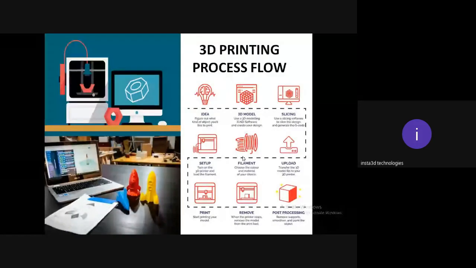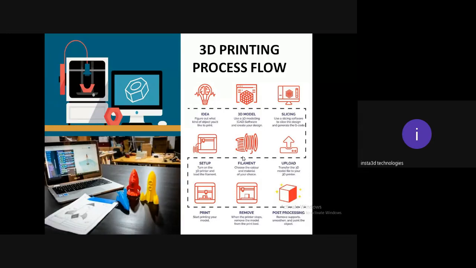From that idea, we'll have brainstorming. Brainstorming means we iterate many things regarding our requirement, like specific required specifications, and we come up with a model. It may be a sketch, hand drawn, or some concepts, and we have to convert that concept into a 3D model.